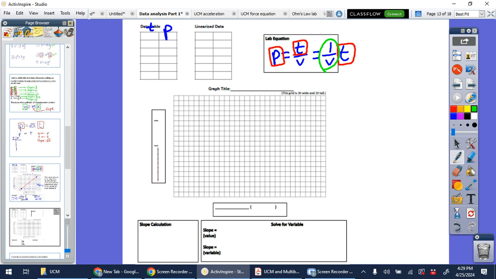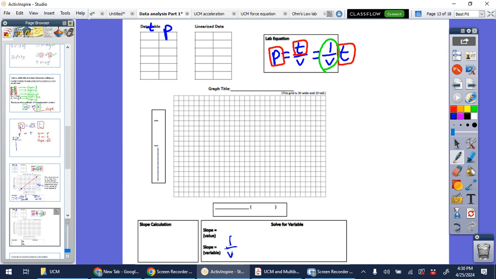Even knowing that right away, I can jump all the way down here. One over V, right? Because I got that from the equation.